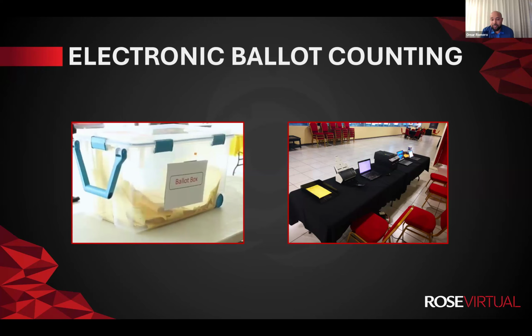So you have a high-speed scanner, and then there is the software that basically in real time does the counting of the ballots. What we used to do as well is we put a projector at the back of the wall, so the persons in the election could actually see the counts, the tabulation in real time, and then you're able to deliver a result.